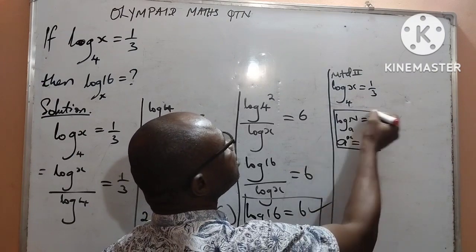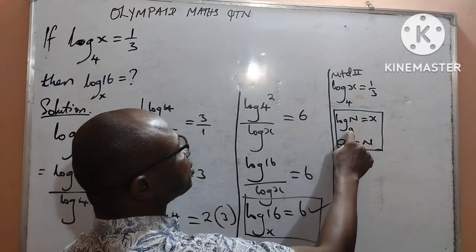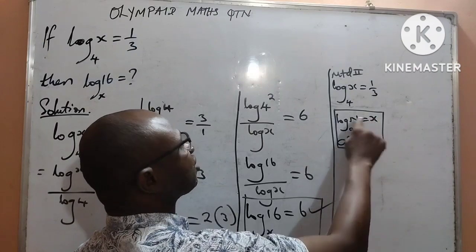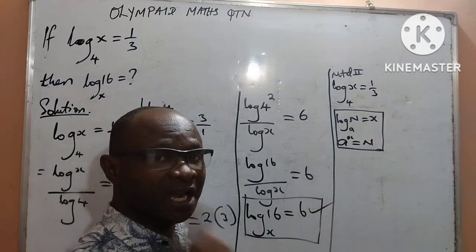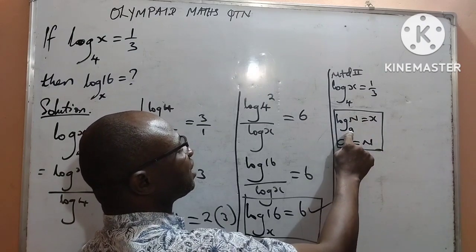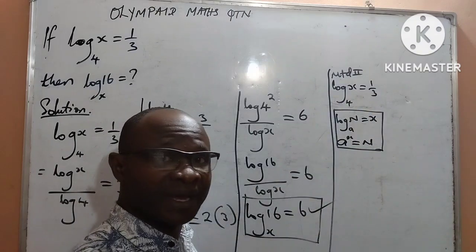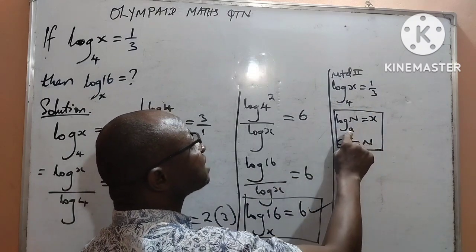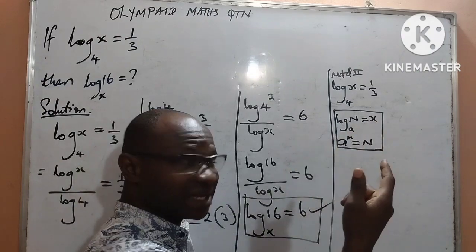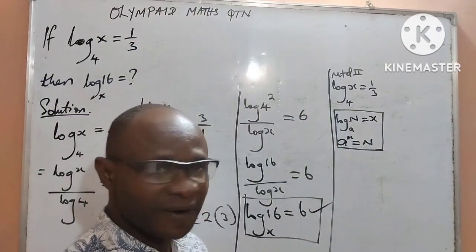This is the definition of logarithms: the logarithm of a number to its own base is the power to which the base must be raised in order to obtain the number. The logarithm of a number n to its base a is the power, which we represent as x, to which the base must be raised. So base a raised to x, which is the answer, equals the number n. That is the definition of logarithm.